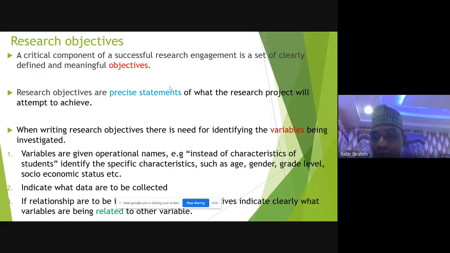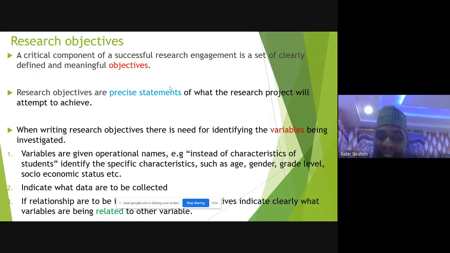When writing objectives, instead of stating characteristics of students, it is better to identify the specific characteristics, such as age, gender, grade level, socioeconomic status, etc.